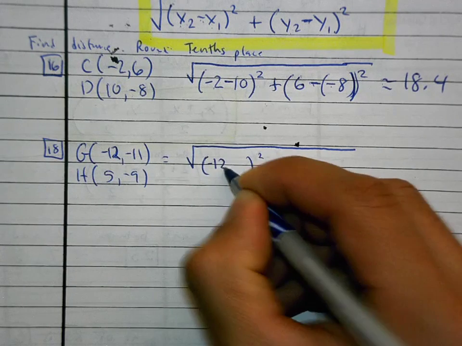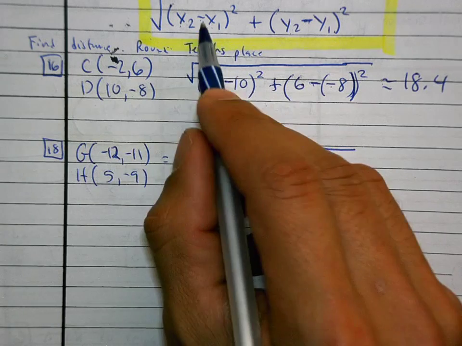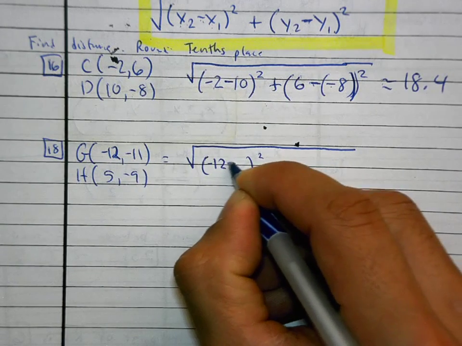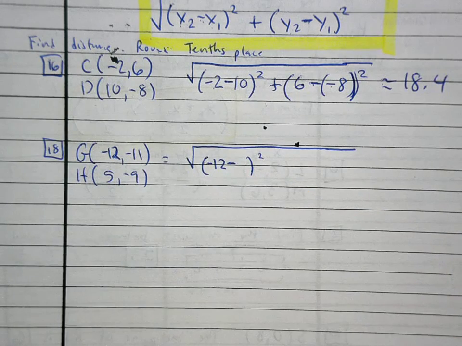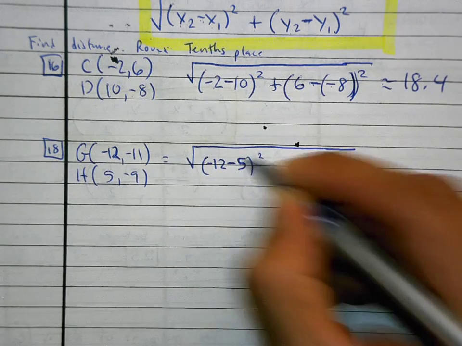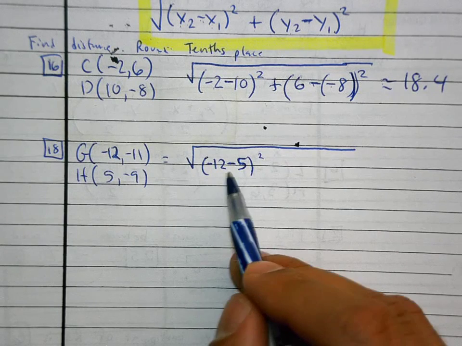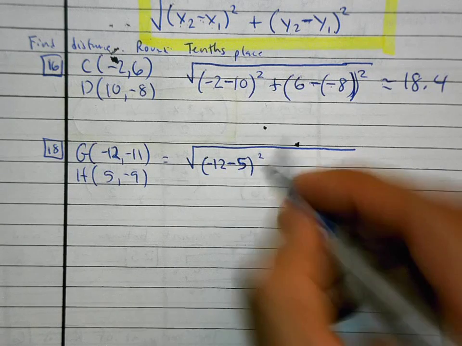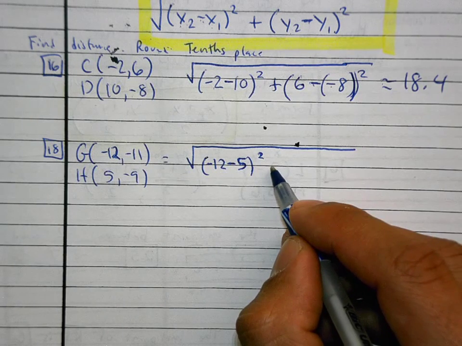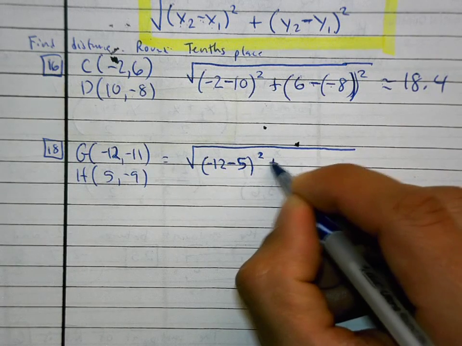Then I have to put a subtraction sign. Then what's the next number I have to put? 5. Good. In between these subtracted pieces, outside of this square, there comes another symbol. What's the next symbol? Plus.